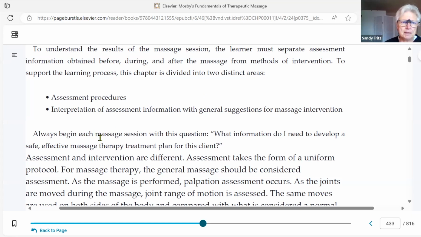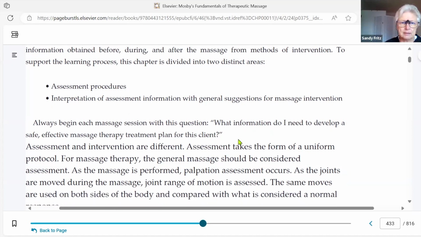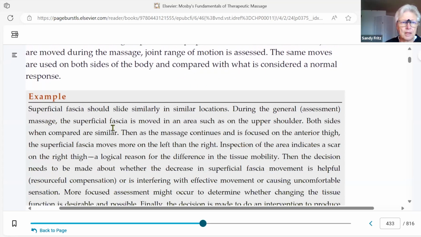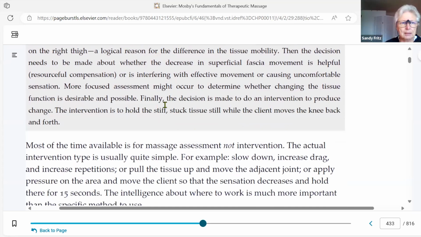So always begin each massage with this question: What information do I need to develop a safe, effective massage therapy treatment plan and session for this client? Okay, so here's an example.